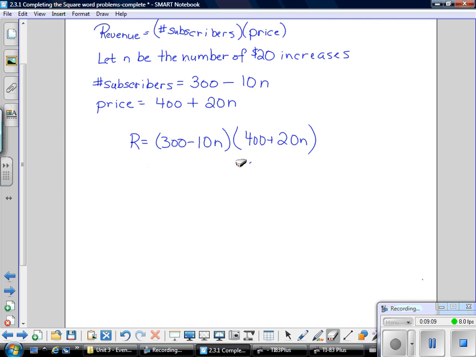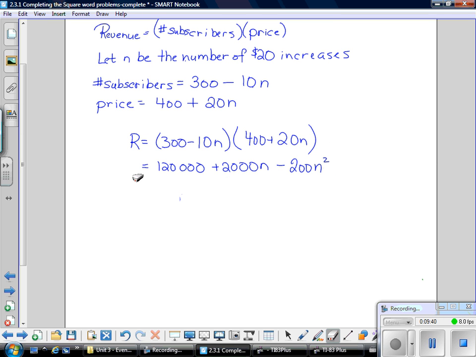So first of all I have to expand this. 300 times 400 is 120,000, and 20 times 300 is 6,000, and then minus 4,000, so we're looking at positive 2,000n, and then negative 10 times the positive 20n, so we end up with a negative 200n squared.